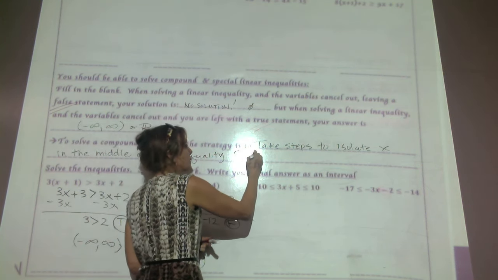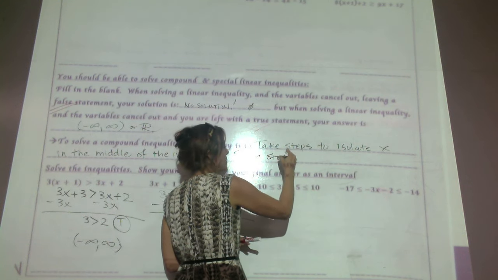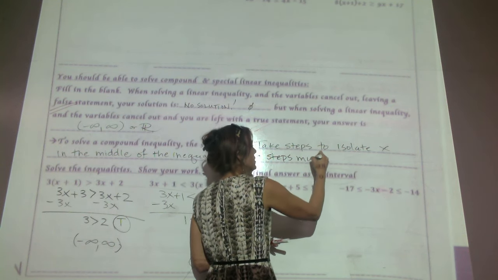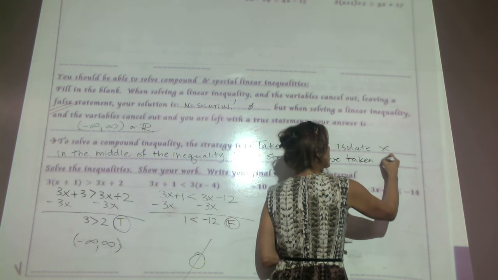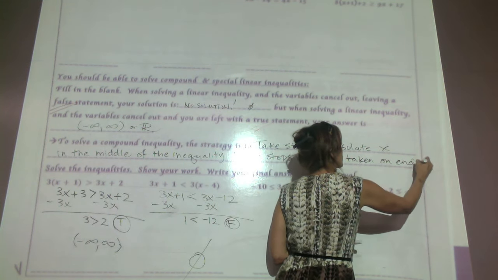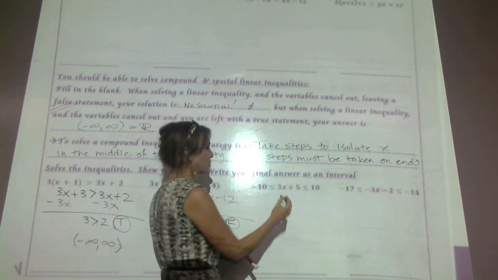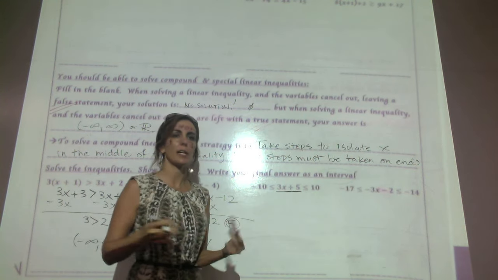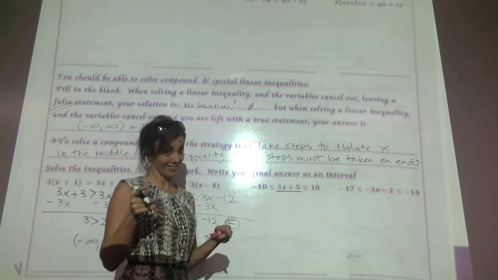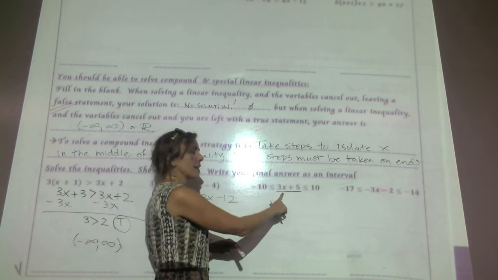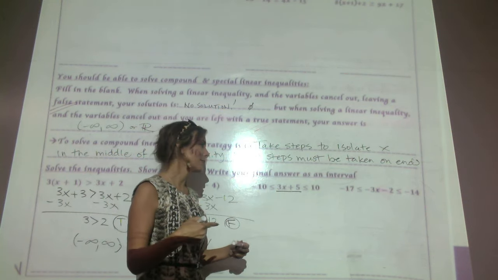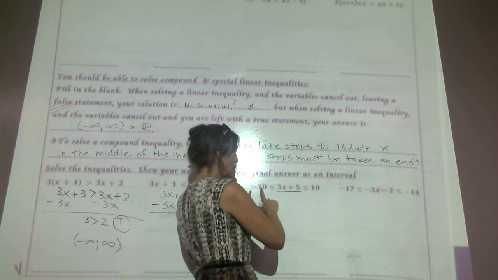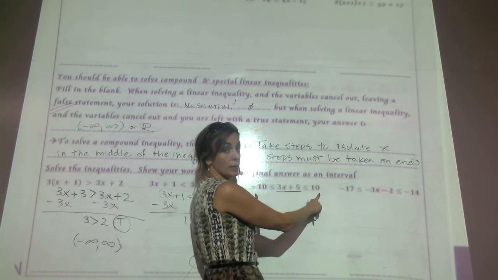Same steps must be taken on the ends. So what you're doing really is you're looking at this middle section and you're saying to yourself, how do I get this x by itself? Whatever you do to isolate that x in the middle, you're going to do it on the left side, in the middle, and on the right.